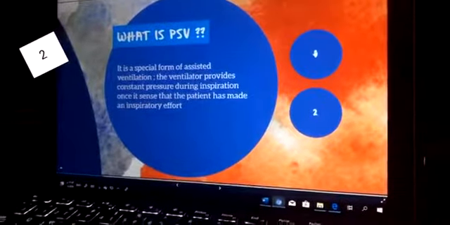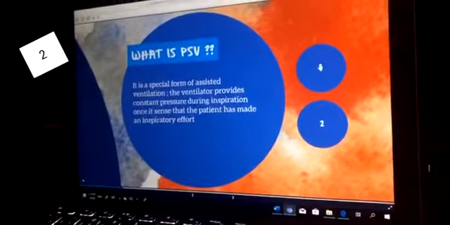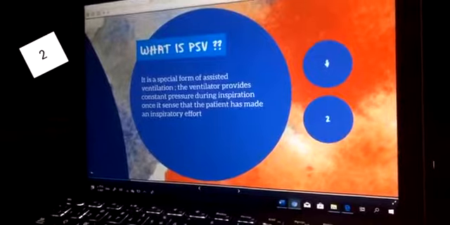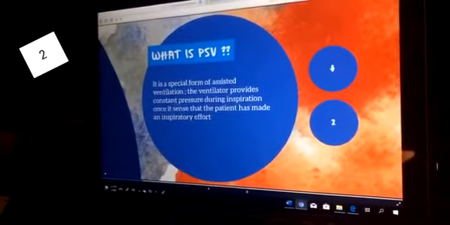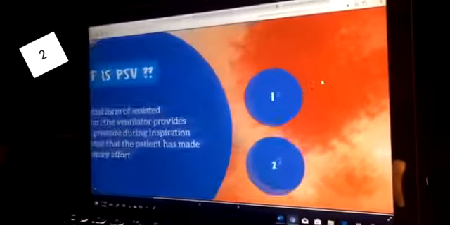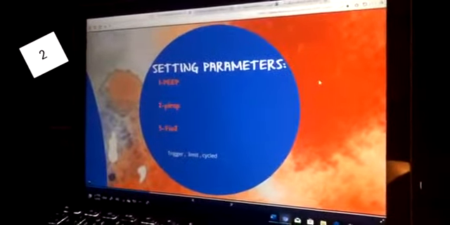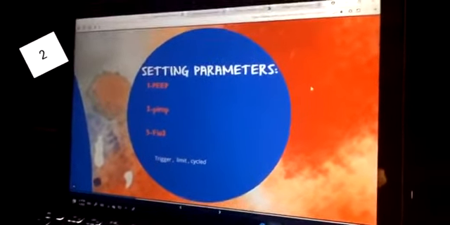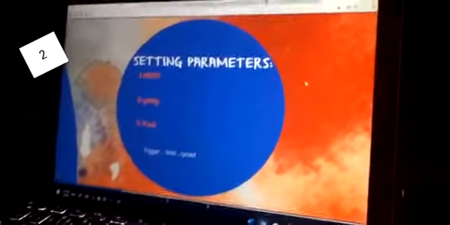So what is pressure support ventilation? It is a special form of assisted ventilation where the ventilator provides a constant pressure during inspiration once it senses that the patient has made an inspiratory effort. We have some parameters we set in pressure support mode, which are PEEP, FiO2, and inspiratory pressure, or we can say pressure support.